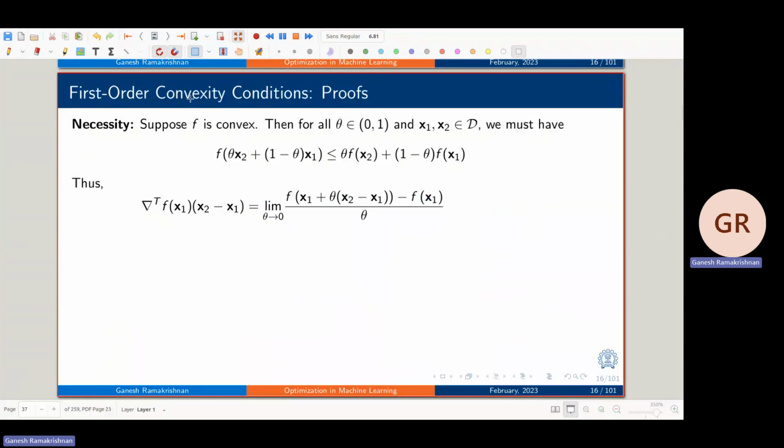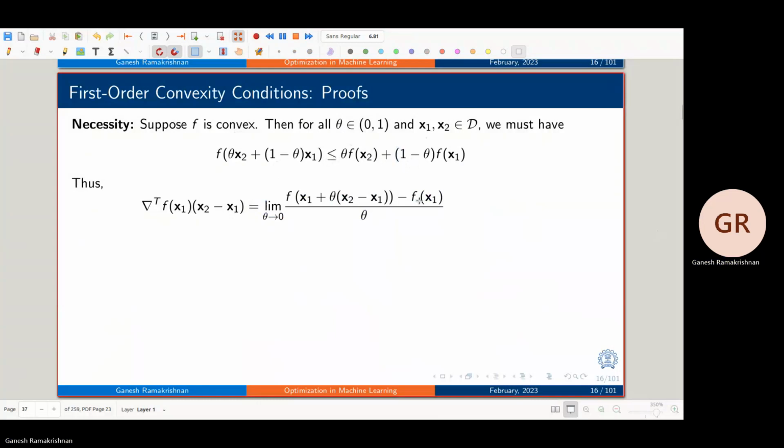All I've done here is take this f of x1 component to the other side and divide the whole thing by theta.